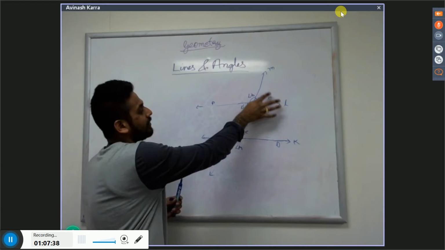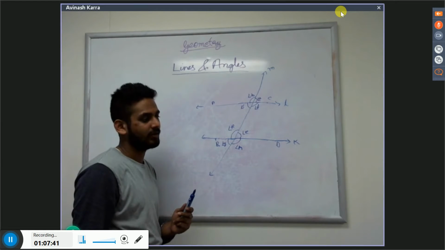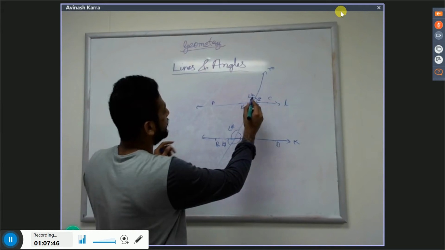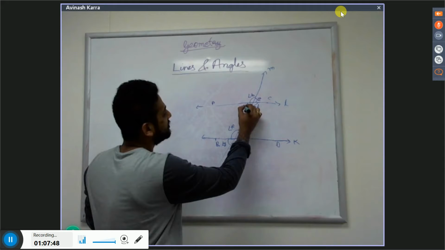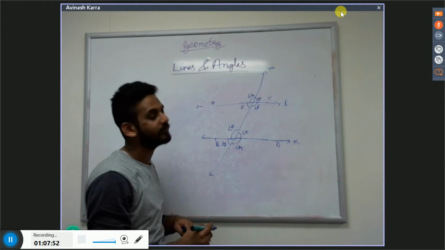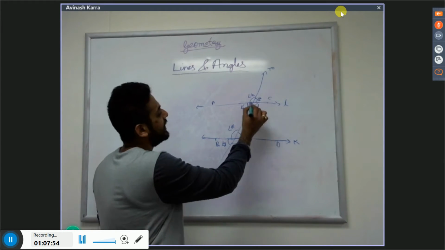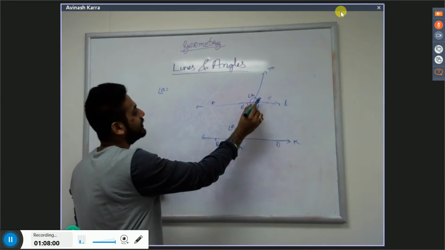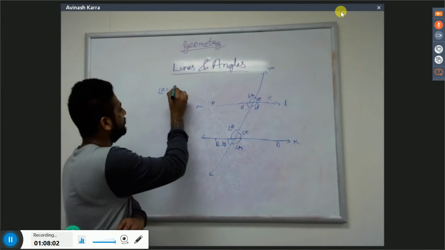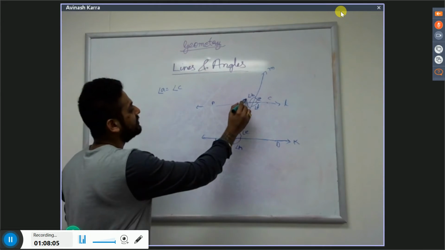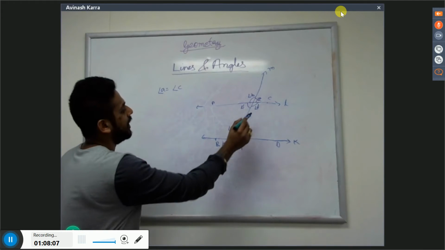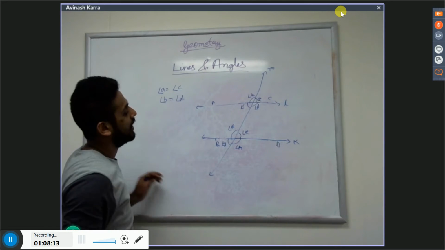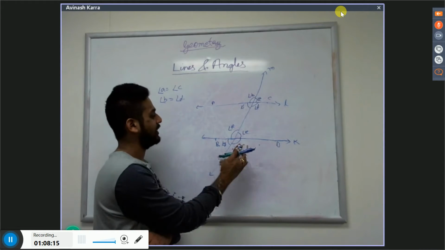Are they parallel? No. So when two non-parallel lines intersect at one point, 4 angles are formed, right? So angle A is equal to angle C. Angle B is equal to angle D. Come to this line.